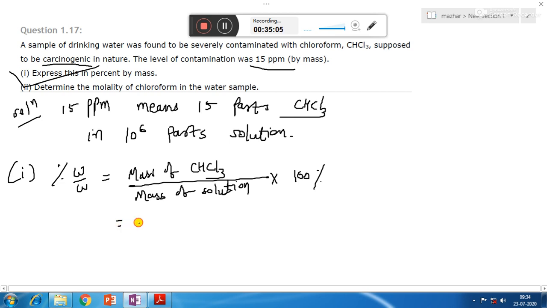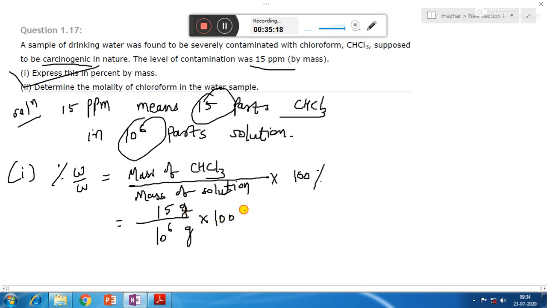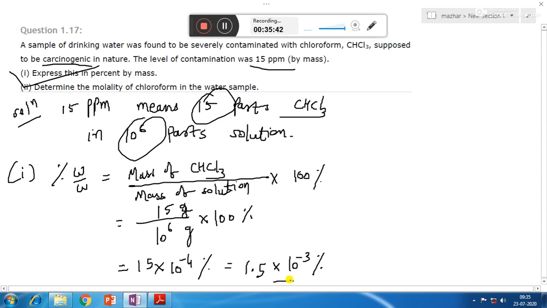Now mass of chloroform can be taken as 15 gram and mass of solution can be taken as 10 raised to 6 gram, into 100%. So gram will be cancelled. 15 divided by 10 raised to 6 will become 1.5 into 10 raised to minus 5, and already we have 100, that is 10 raised to 2, so that will become 1.5 into 10 raised to minus 3%. That is our first answer.